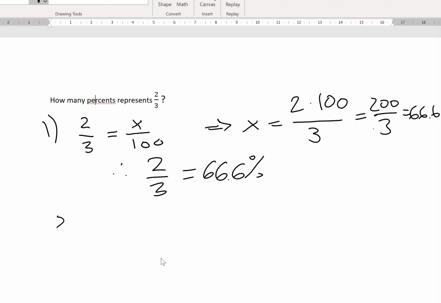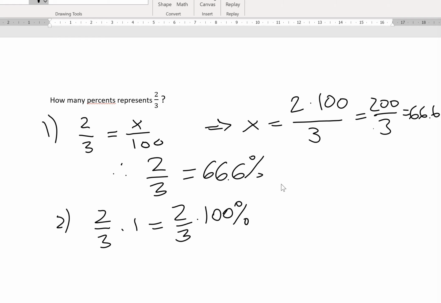The second method would be to have 2 over 3, and you need to get the percent sign from some place. You have to keep in mind that 100% equals 1. So I'm going to multiply this 2 over 3 by 1. I didn't do anything. It's just the same question. So instead of writing 2 over 3 times 1, I can write 2 over 3 times 100%.